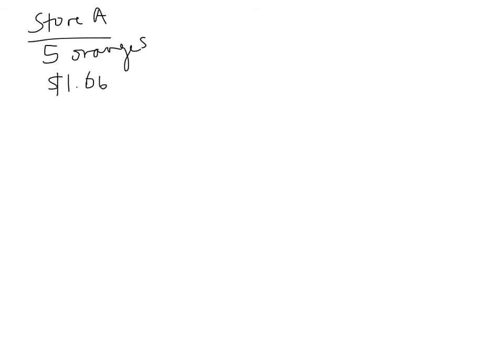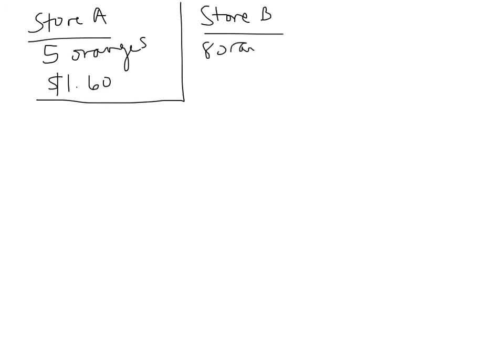And then I could say here that at store B, I have 8 oranges for $2. So now, instead of finding what it would be for 1 orange, what I could also do is find out how much it would be for a number of oranges to figure out when they're going to actually be the same number.